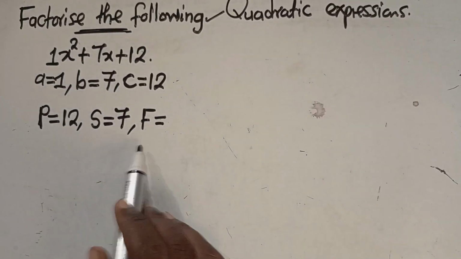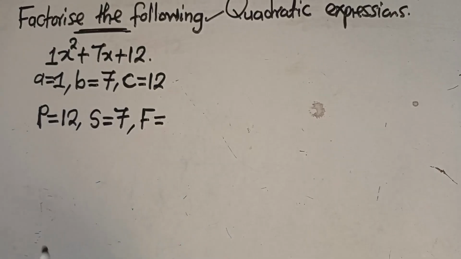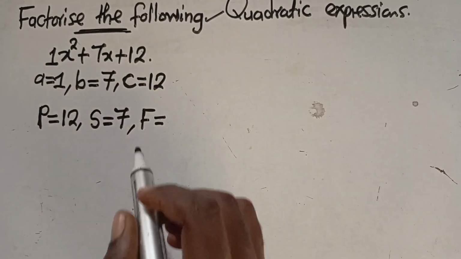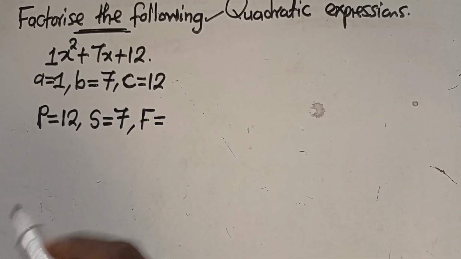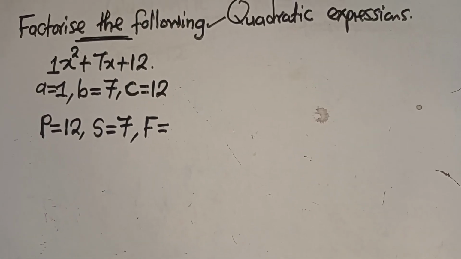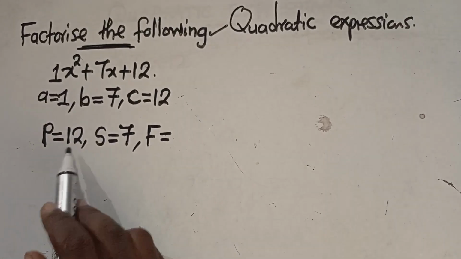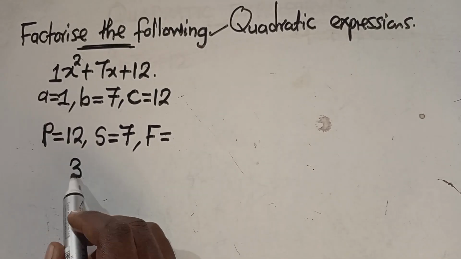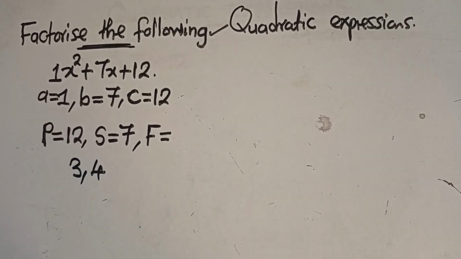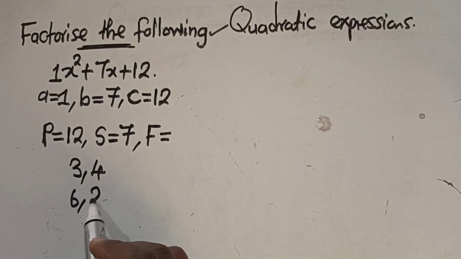So how do we work this out? Look for numbers that you can multiply to get 12. We've got 3 and 4, which multiply to 12. We've got 6 times 2, which is 12.